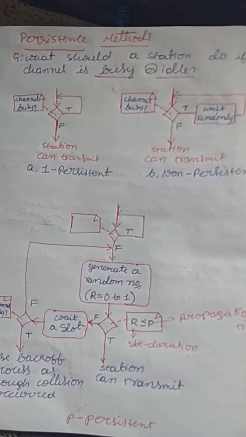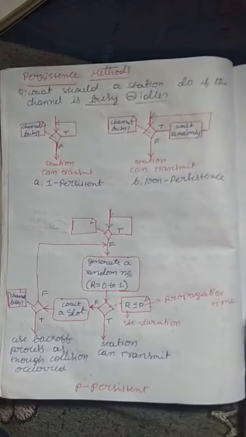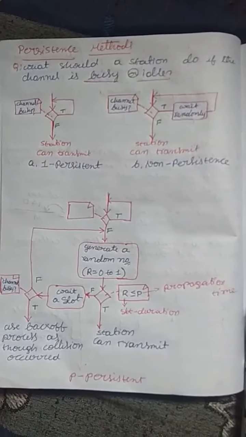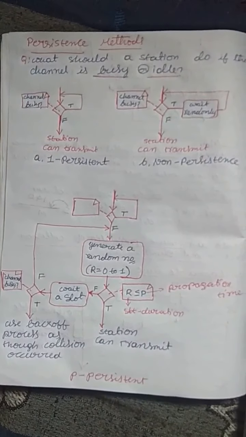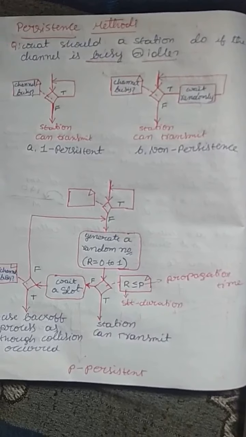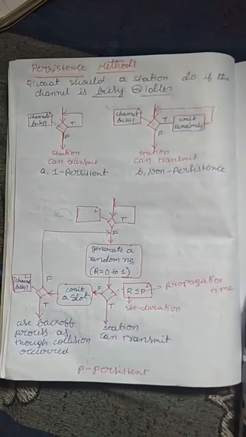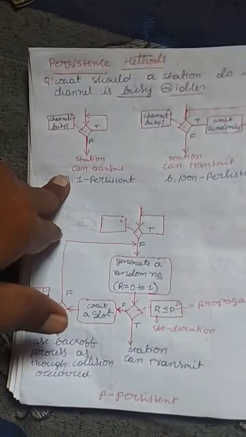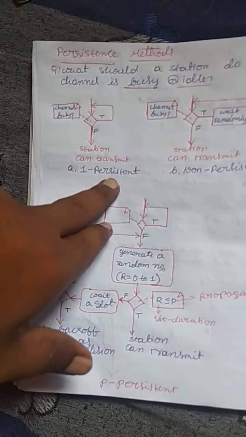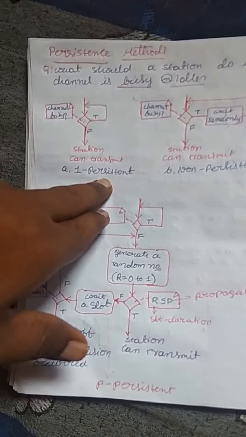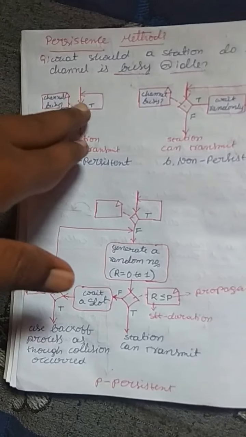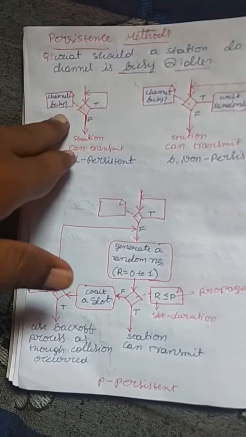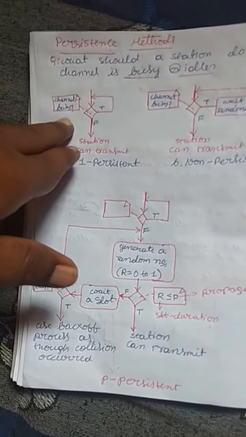But there are three persistence methods. First one is one-persistent, another is non-persistent, and another one is P-persistent. In one-persistent, the station will check whether the channel is busy or not.